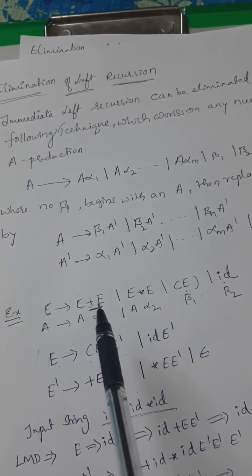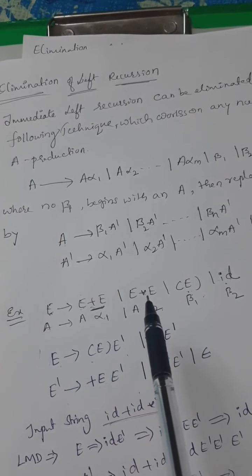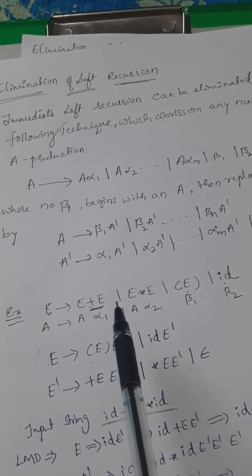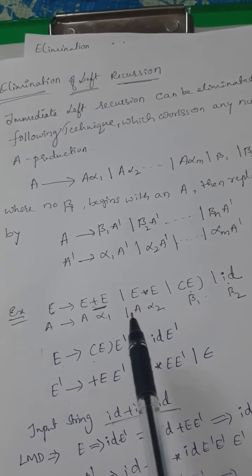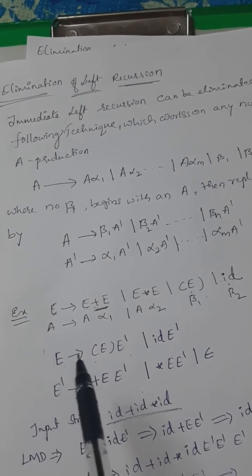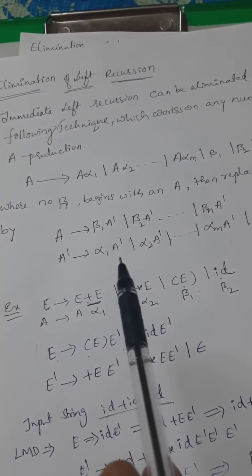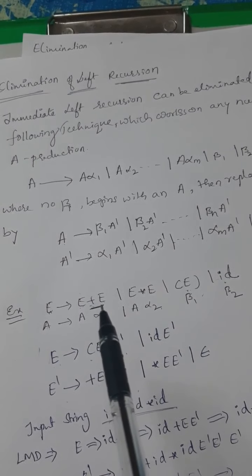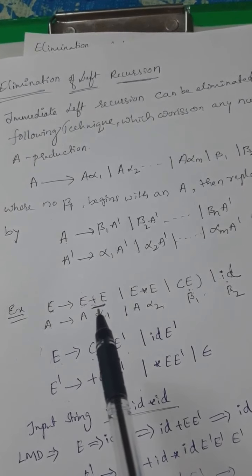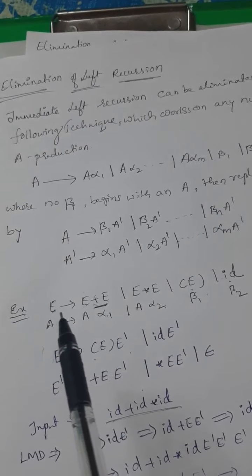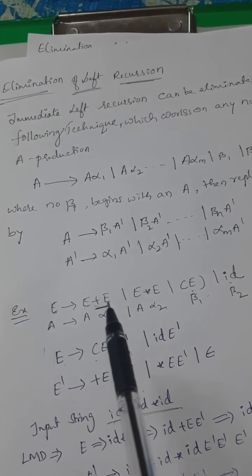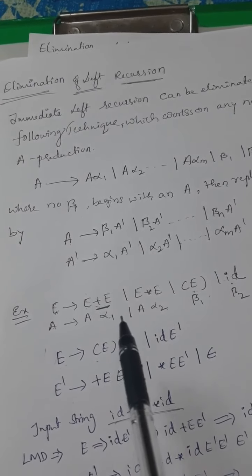So we will remove the left recursion from the grammar by marking beta and alpha and rewriting the grammar by applying the above formula. Here this production has a left recursion. So after this E, whatever comes, I will mark as alpha 1.